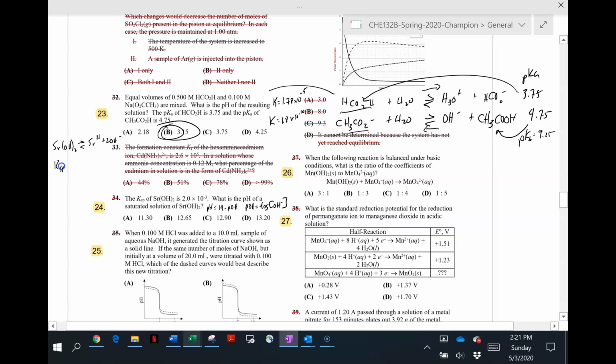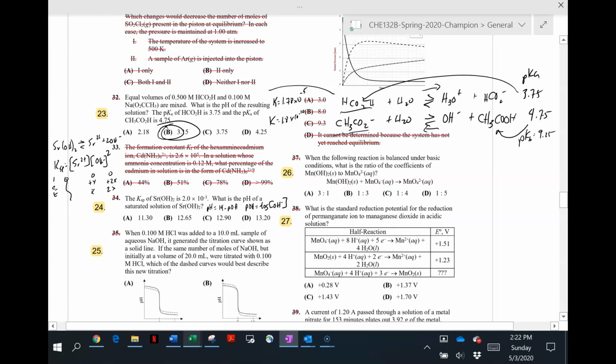Ksp is going to be the Sr 2 plus concentration times the hydroxide concentration squared. If we did an ICE chart, we really wouldn't worry about the solid strontium hydroxide. Initial is 0, 0, change is plus X, plus 2X.